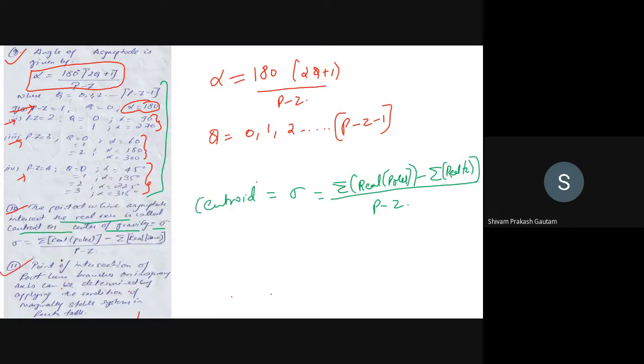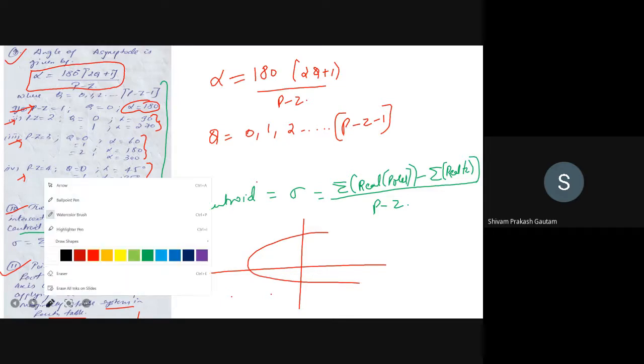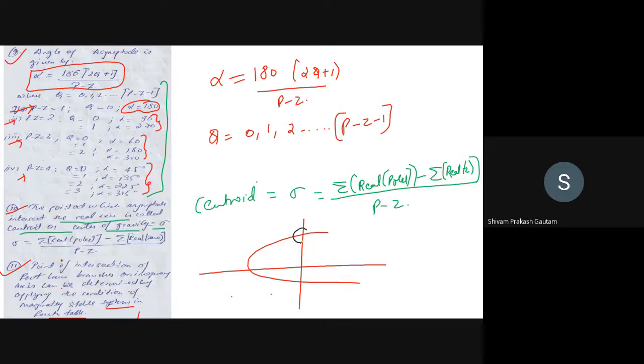Next step, that is step number 11. The point of intersection of root locus branches on the imaginary axis can be determined by applying the condition of a marginally stable system in Routh's table, right? Suppose you are having the root locus like this. You can see that these root locus branches are intersecting the imaginary axis, at this point and at this point.